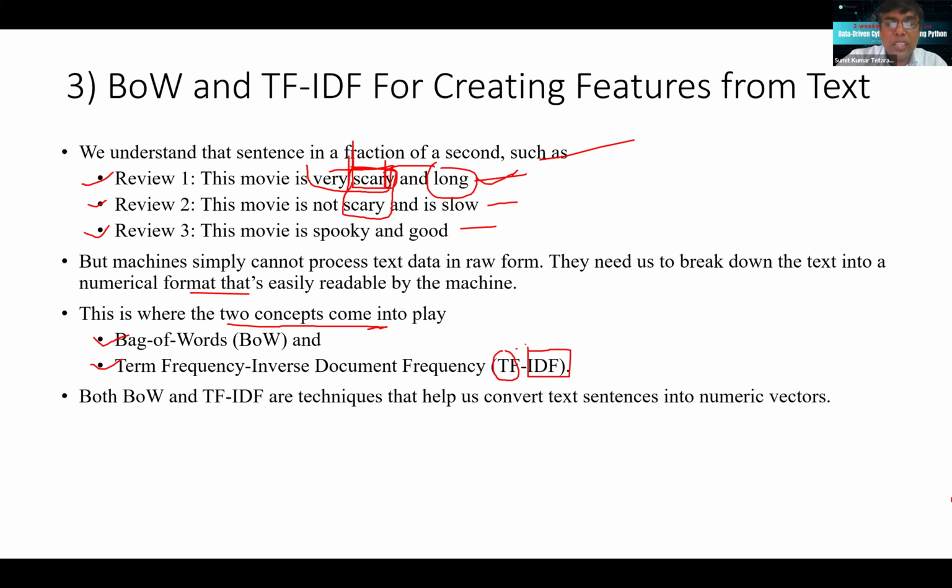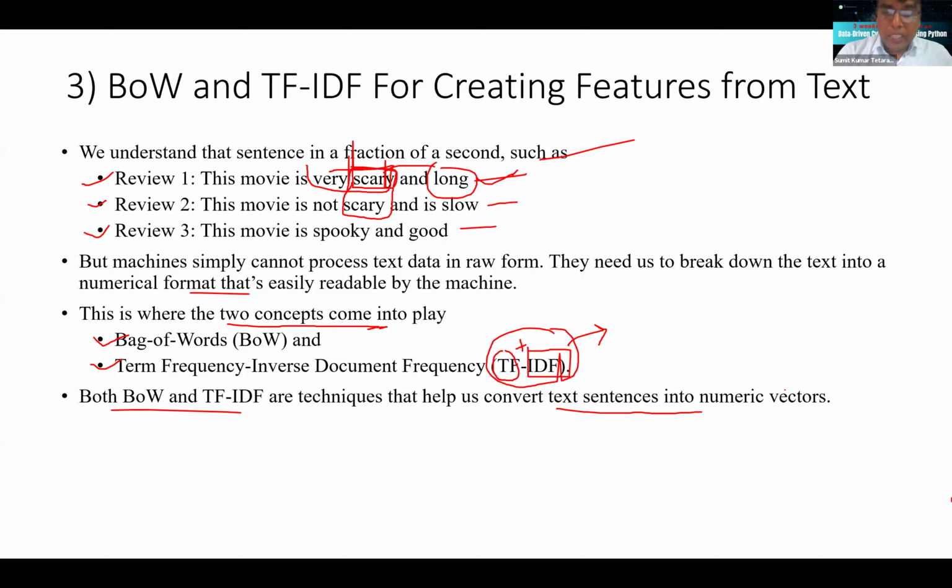We are going to use them and then combine them. Then finally you will get this TF-IDF value, and using the TF-IDF value you can say from which review or from which document the information is coming. Both techniques help us convert a text sentence into a numerical vector.